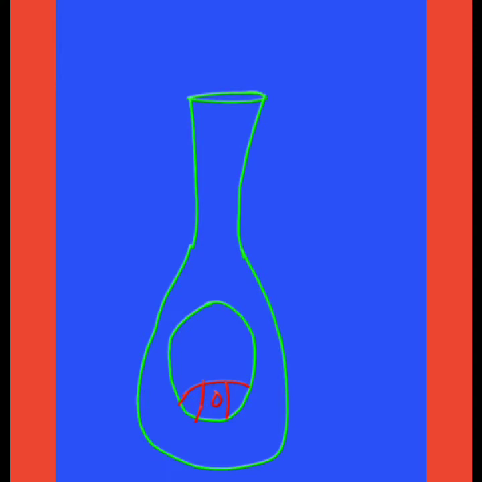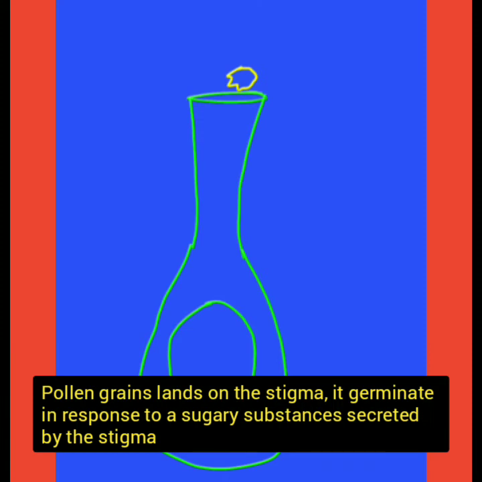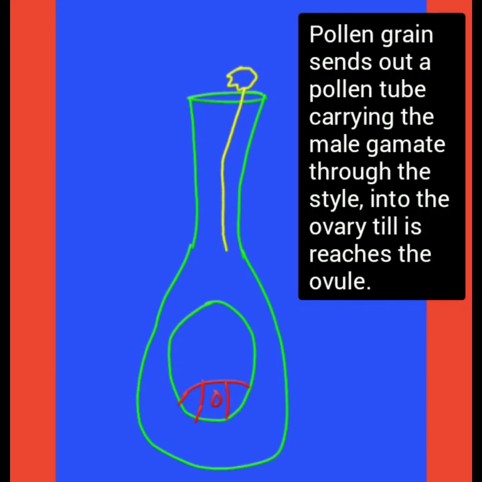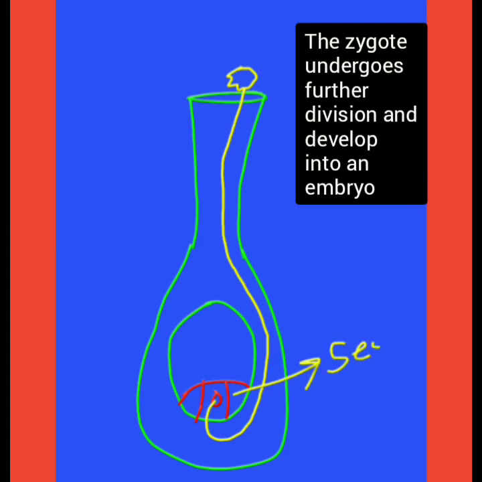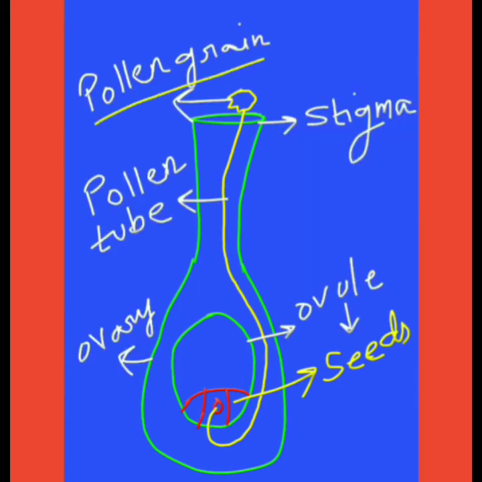After that, when the pollen grains reach the stigma, they break open to form a pollen tube. And the pollen tube slowly grows through the style to reach the ovary. And here the pollen grain fuses with ovule to form seeds. So the pollen grain falls on the sticky part, that is stigma.